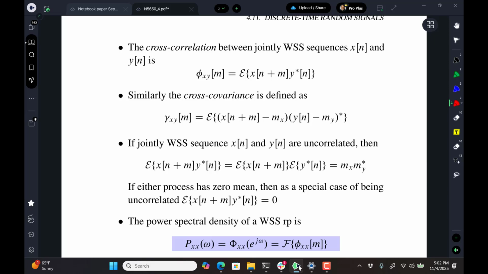Or another example might be we have a receiver, radar receiver, comm receiver. We have a signal coming in, we have a jamming signal present, and then we have additive noise from thermal effects in the receiver front end. We can model then the correlation between the various signals that might be present.